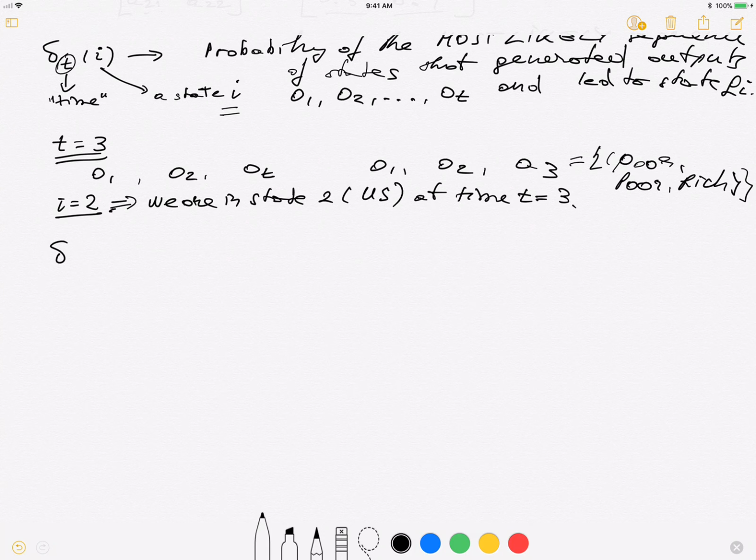What would be delta 3 of 2? Delta 3 of 2 is in essence the most likely sequence of moving the parents, the family, from Mexico to the United States, which resulted in the observed sequence of poor, poor, rich, if the family ended up in the United States in the year 3. This is the most likely sequence of residence, if you will.